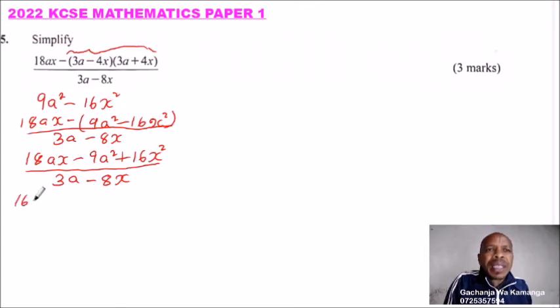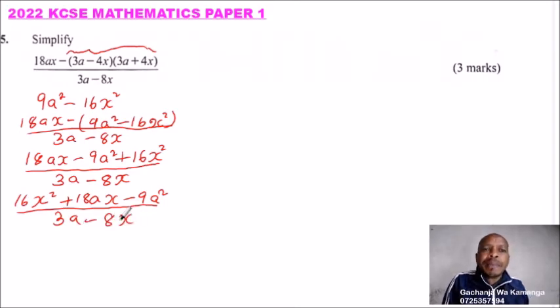We start with 16x squared plus 18ax, then we have minus 9a squared. All of this is divided by 3a minus 8x.